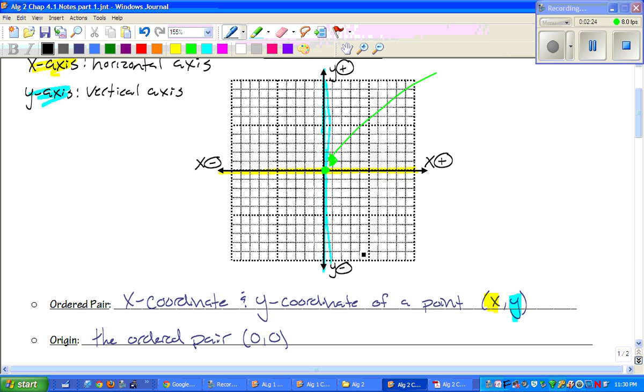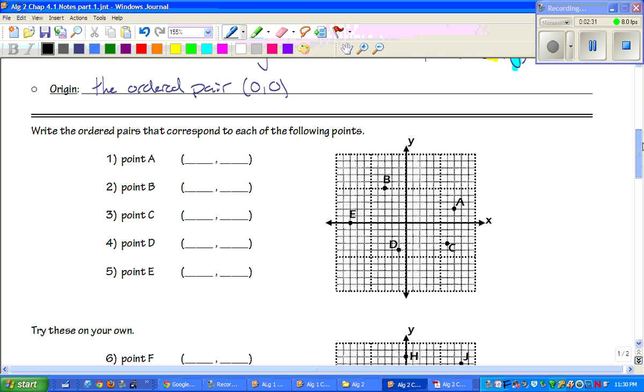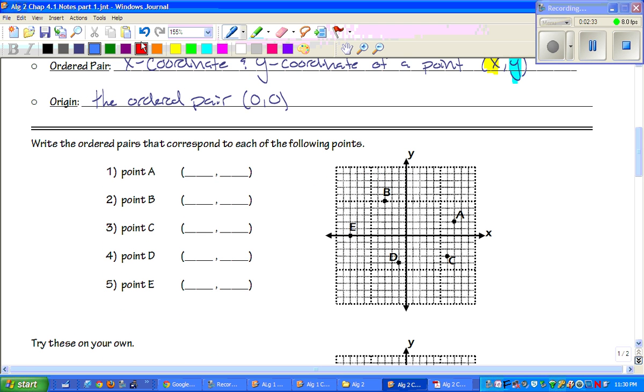If you move down, y is a negative number. Let's go through plotting some points so we can get some practice. I think it's good when we're starting off just to remember that x is positive up here, y is positive over there, over here, and here. X is negative, y is negative.